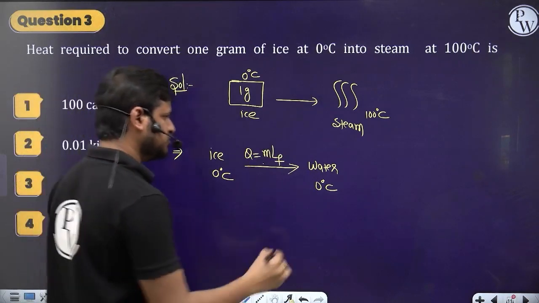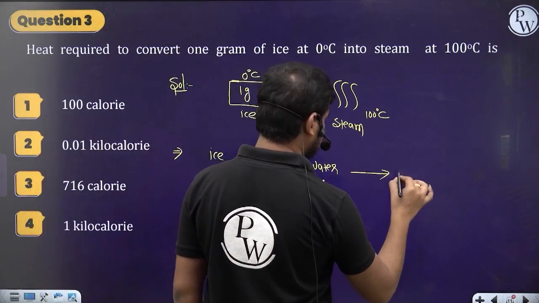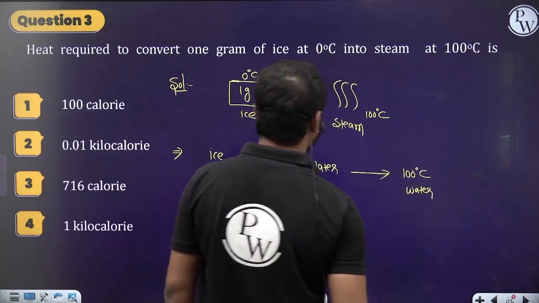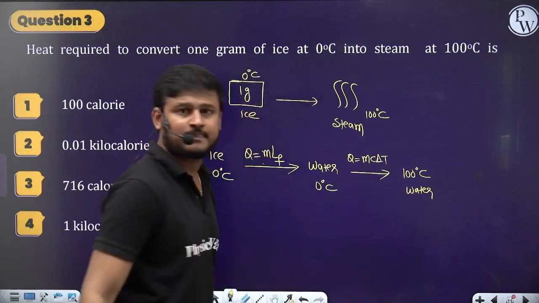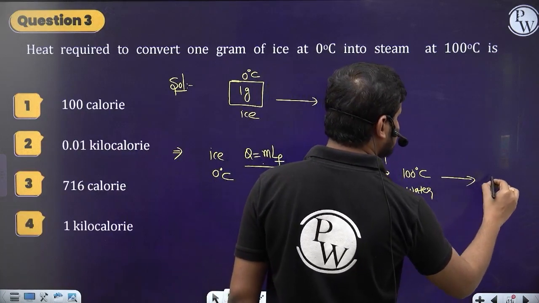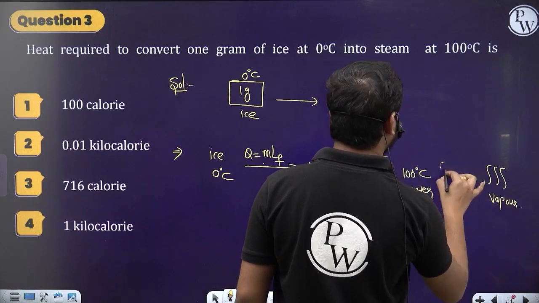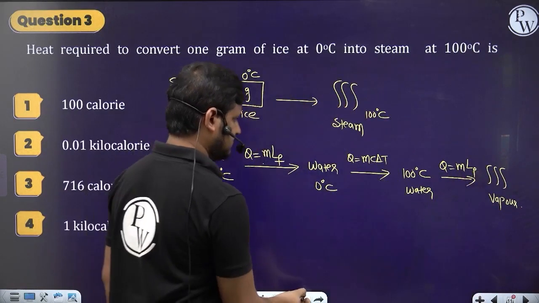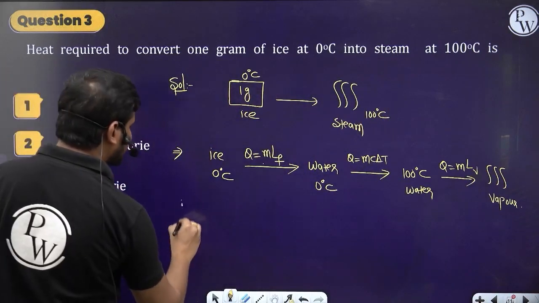Then the water raises its temperature from 0 to 100 degrees centigrade. This is again water. So here the heat that you supplied is MC delta T. Next, water at 100 degrees centigrade will become vapor, or steam, at 100 degrees centigrade. So here the heat that you supplied is M into LV, vaporization, right? LV.